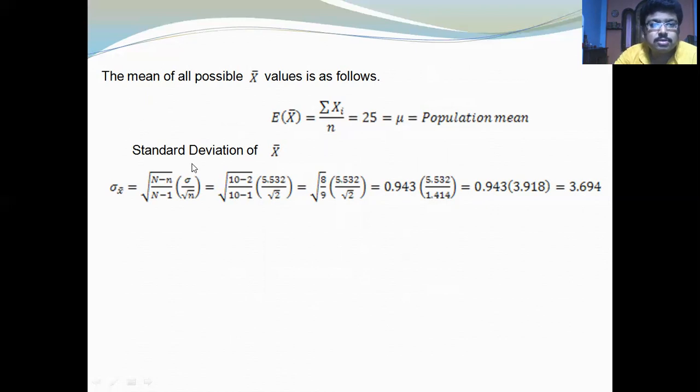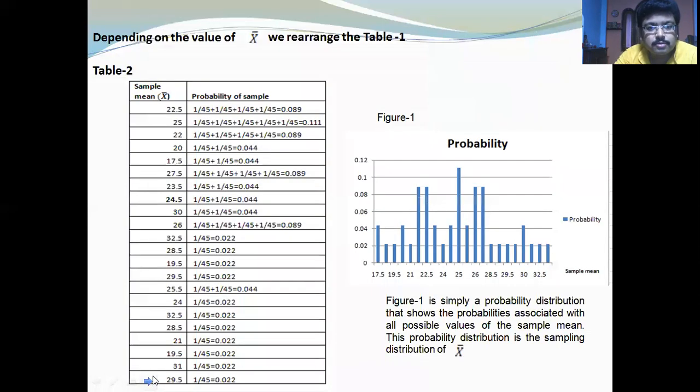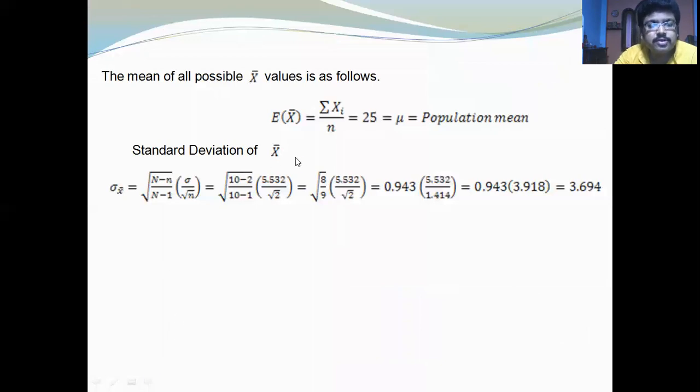Now look at the standard deviation. How can we get the standard deviation? This is sigma x bar, the standard deviation of the sample mean. It has the formula: the square root of (capital N minus small n) divided by (capital N minus 1), multiplied by sigma by root n.